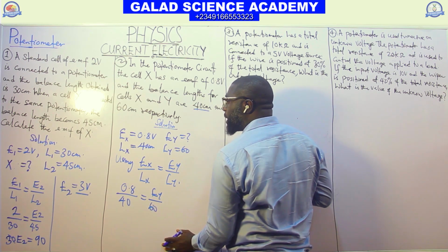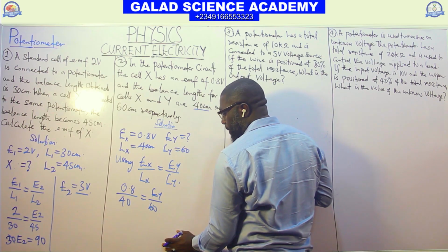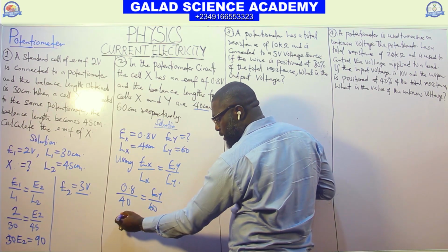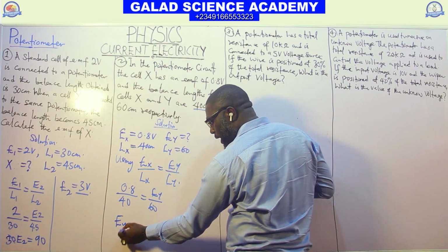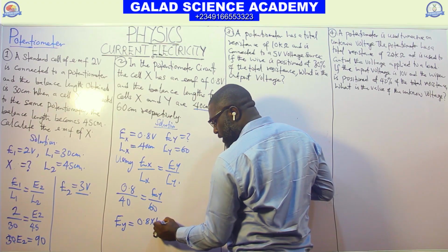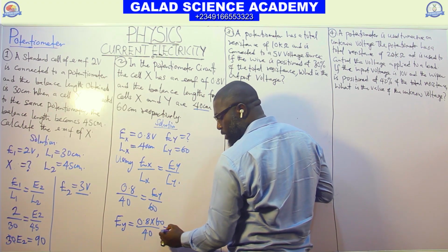By cross multiplying, we are going to end up with EY equals 0.8 times 60 divided by 40.